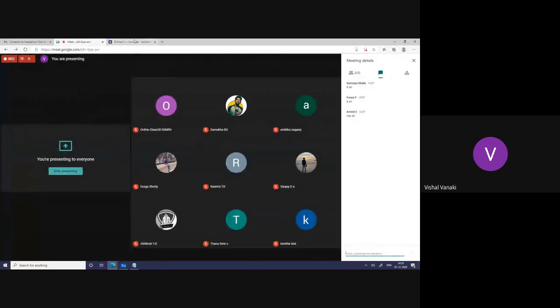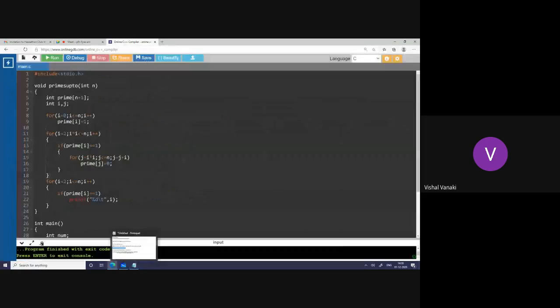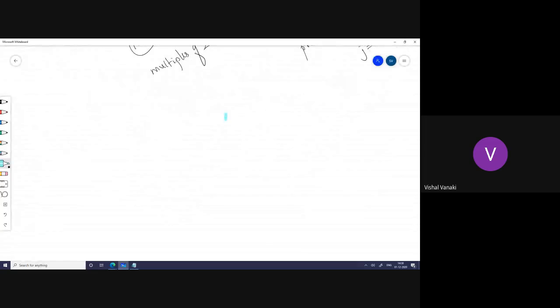Are you clear with this? What we are doing, how we are printing? I need a collection of numbers; if I give n equal to 30, I need numbers from 1 to 30. So I will declare one array, prime of n plus 1, which is nothing but prime of 31.